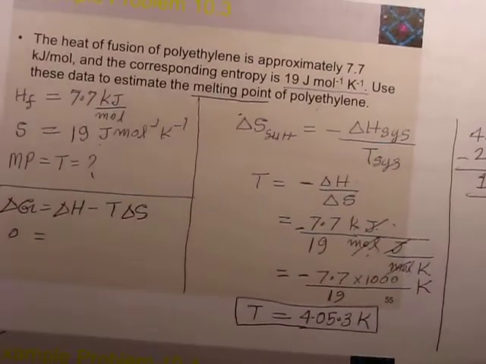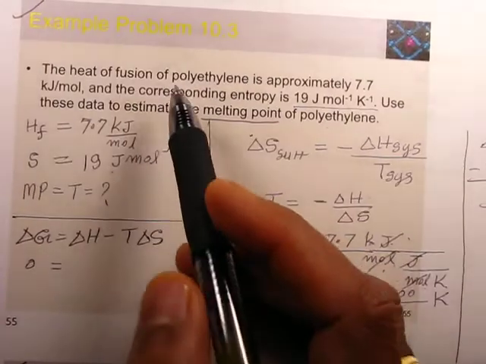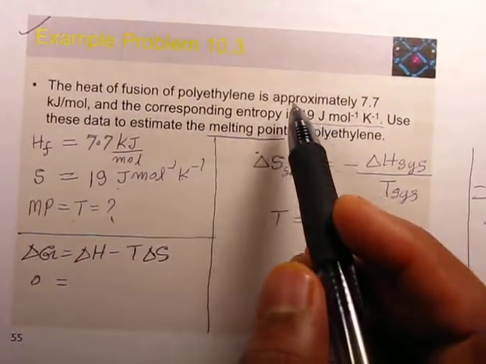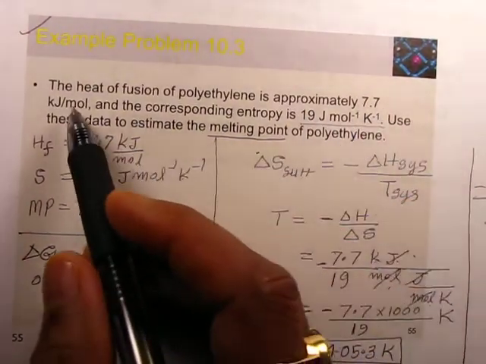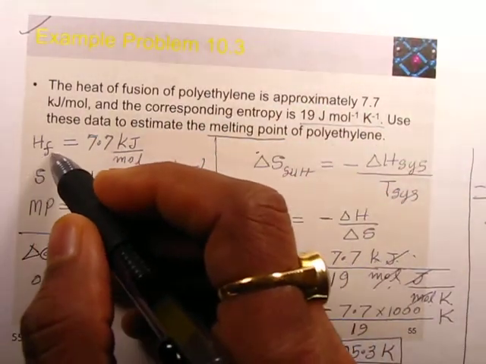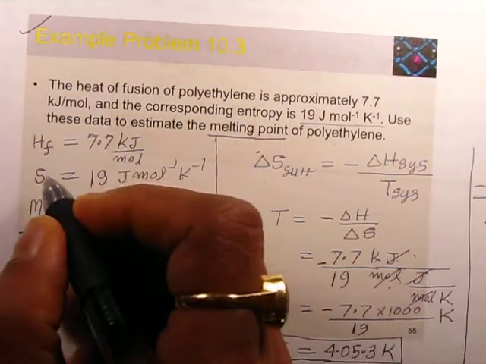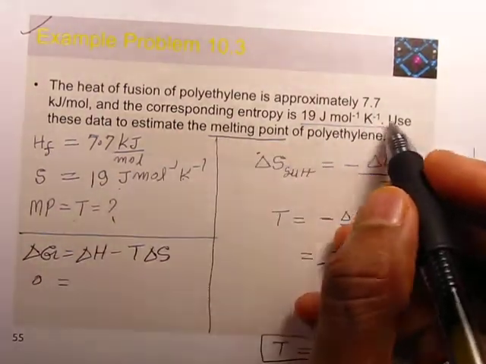These are a little different than the earlier one. The heat of fusion of polyethylene is approximately 7.7 kilojoule per mole. So the heat of fusion, H fusion, is given here, and the corresponding entropy value is given.